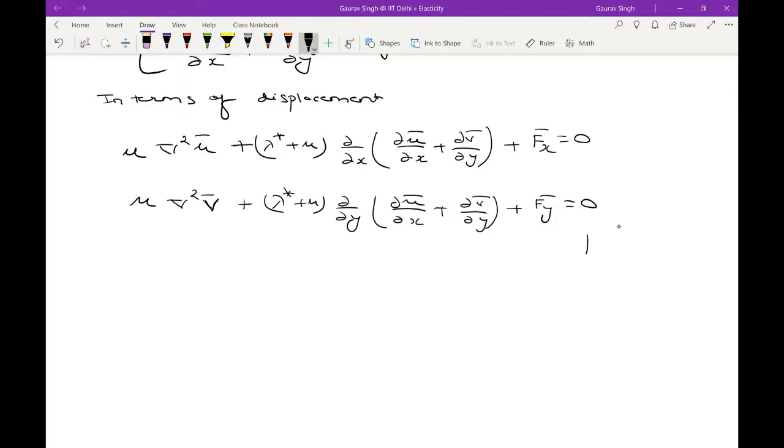So this lambda star plus mu is equal to E by 2 into 1 minus nu.